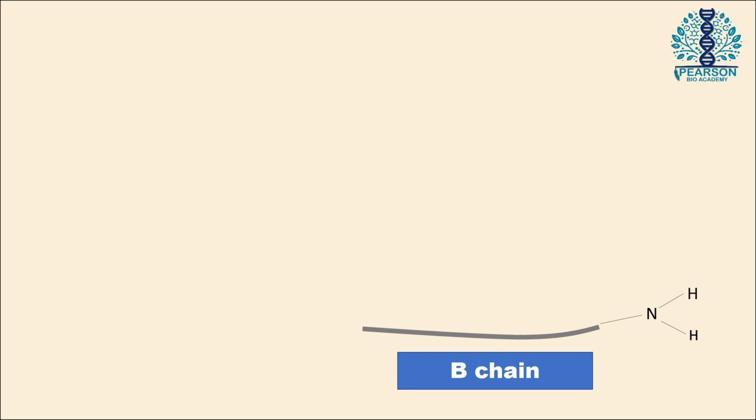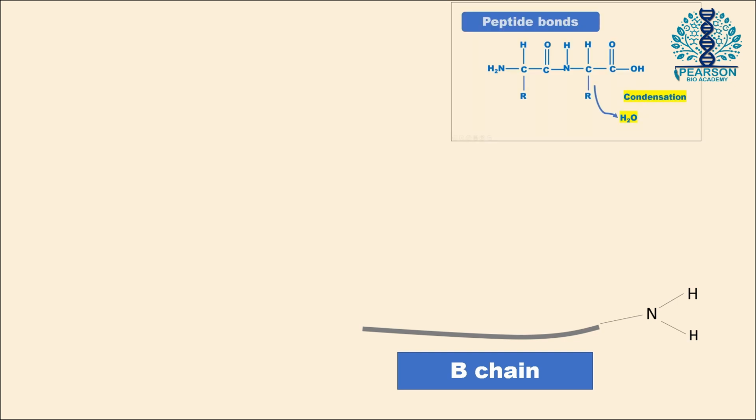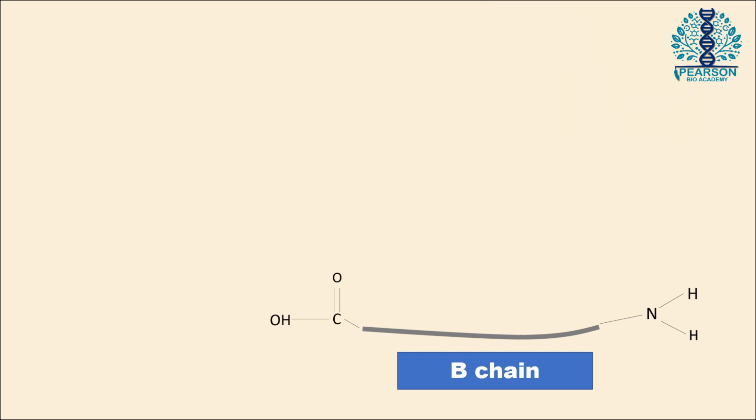We know that in the chain, amino acids are connected by peptide bonds which form between the amino group of one amino acid and the carboxyl group of the adjacent amino acid. So in the given diagram, it's stated that one end of the B chain contains an amino group. So the other end must contain a carboxyl group.